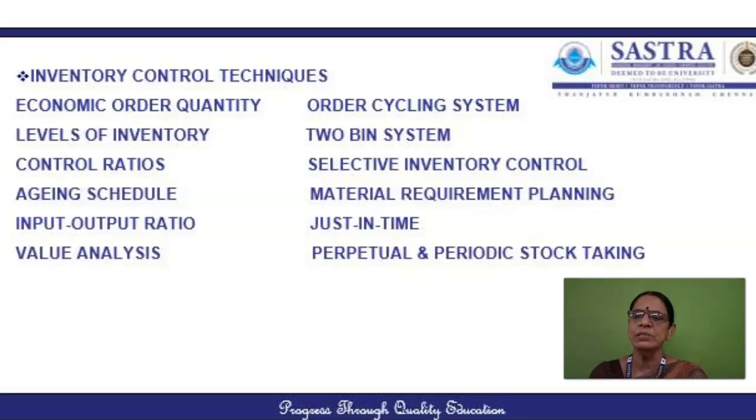So right from receiving the purchase requisition till the materials are transferred to the production departments for use, this time is called the lead time or the procurement time, the time required to procure the materials.